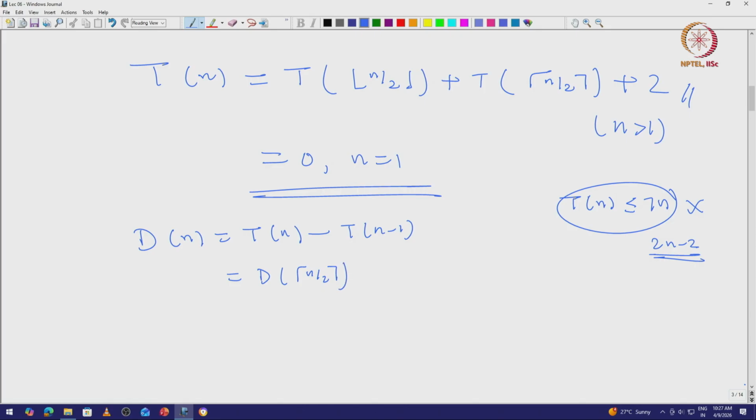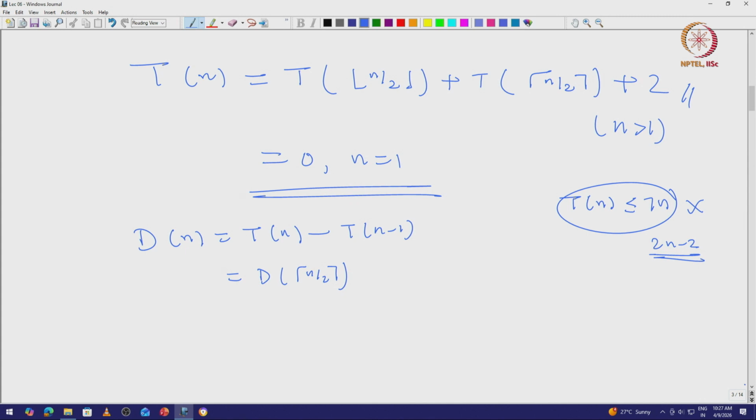After the cancellation, you are not going to have any further terms. So d of n is d of ceil n by 2. What is d of n?